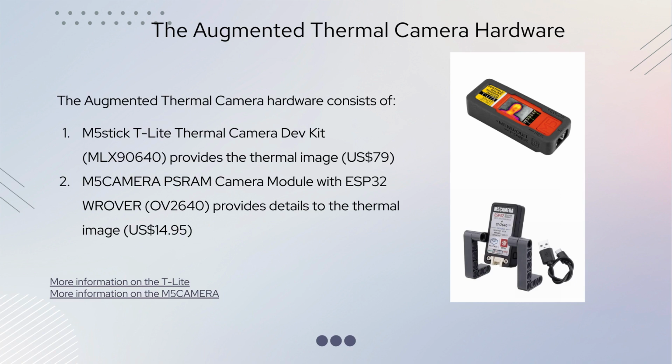The first camera is the M5 Stick T-Lite thermal camera, which I mentioned earlier. The second is just a normal visible light camera. I'm using the M5 Camera PSRAM Frame, an ESP32 based camera.